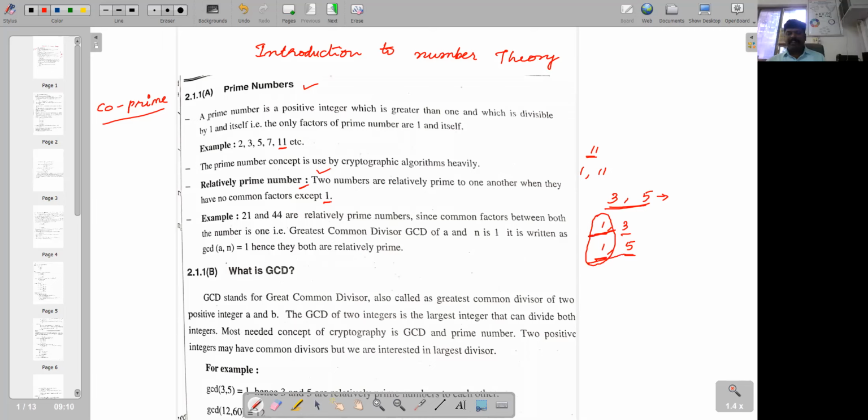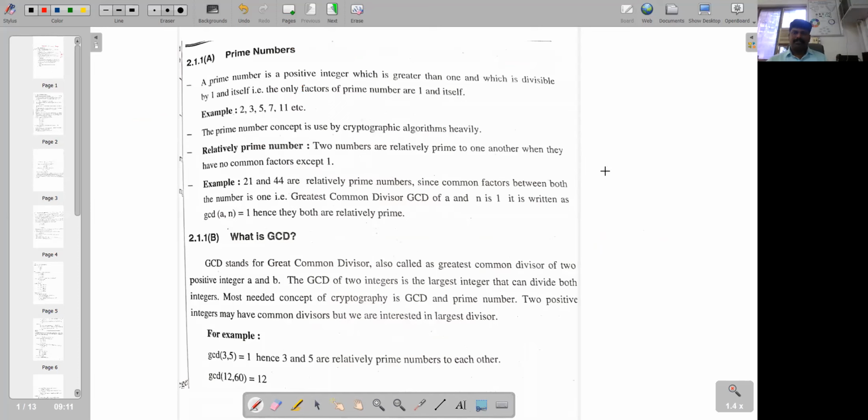Always remember that when you have co-primes or relatively prime numbers, the GCD between those two relatively prime numbers should be 1. GCD of 3 comma 5 is 1, because 3 and 5 are co-prime numbers, or relatively prime numbers.